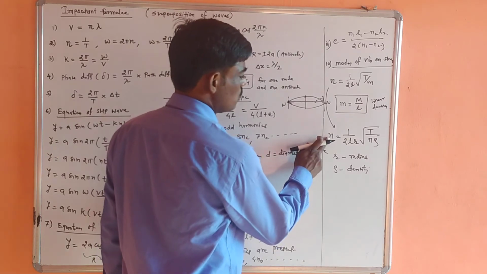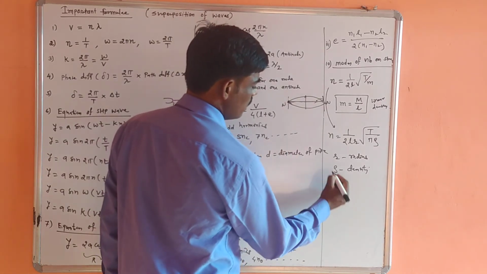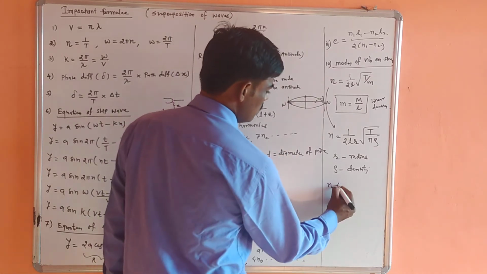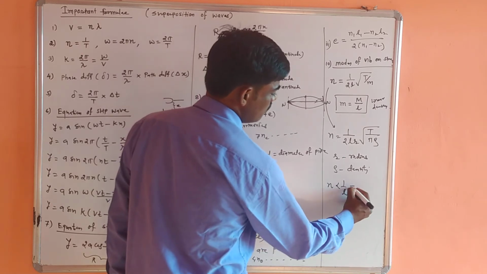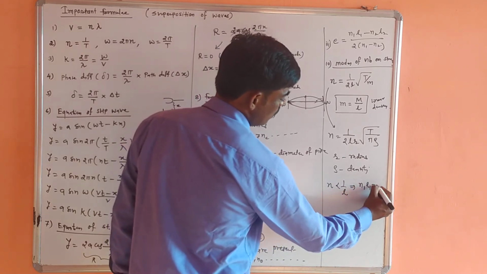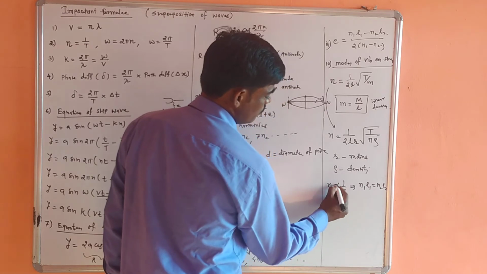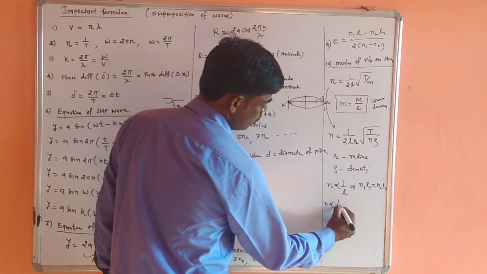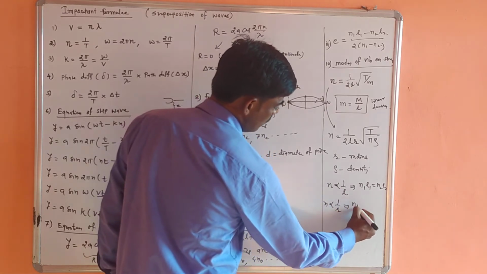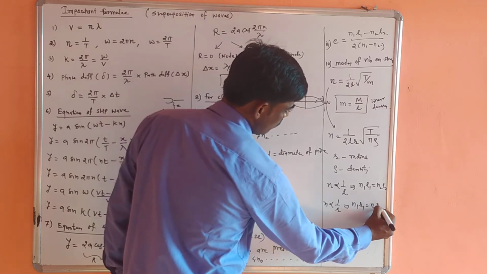So depending on this formula, we can state that N, frequency of vibration, is inversely proportional to length. So we can write N1 L1 is equal to N2 L2. It is inversely proportional to radius. Again N1 R1 is equal to N2 R2.